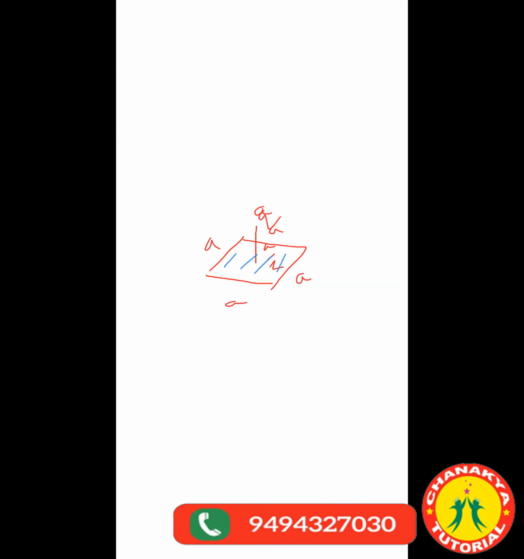How to do this: you imagine a symmetrical closed surface. Which surface can you imagine in this case? If I take similar plates, it will become a cuboid, right? Now it became a closed surface.